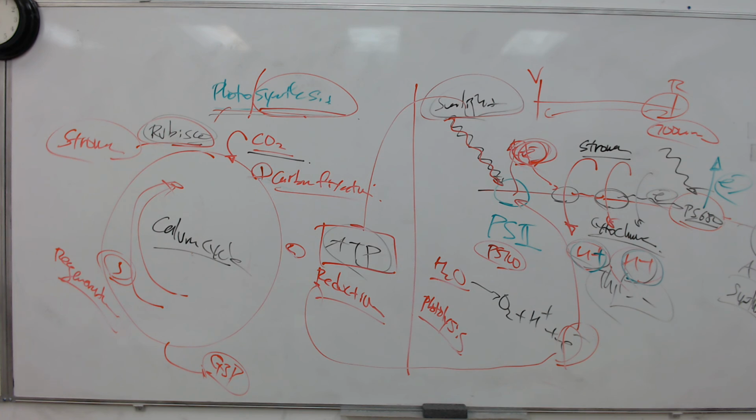You do not have to know in detail how they function for AP. There's F0, F1 subunits and stuff like that, alpha and beta subunits, nothing like that. You just have to know there's something called ATP synthase.